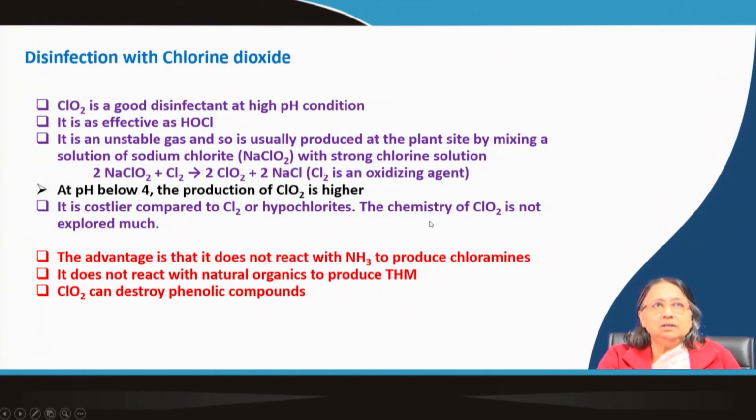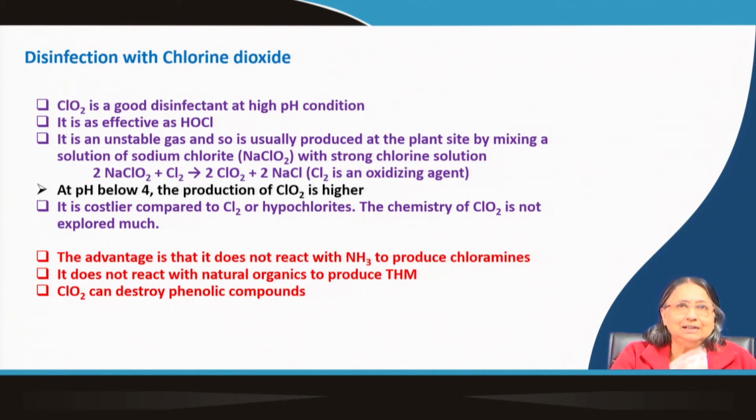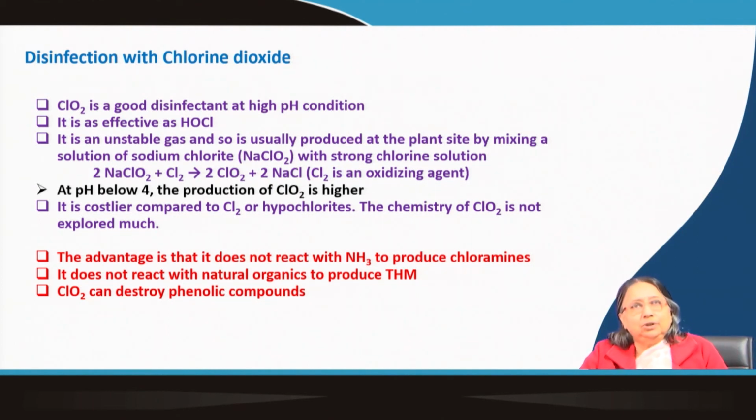The chemistry of ClO2 is not explored much. We are not very confident about this material till now. The advantage is that it does not react with NH3 to produce chloramine. Chloramine is not produced, this is an advantage. Another thing you can say is that if chloramine is not produced, then the transport is not protected. It does not react with natural organics, which is good because it does not produce THMs.